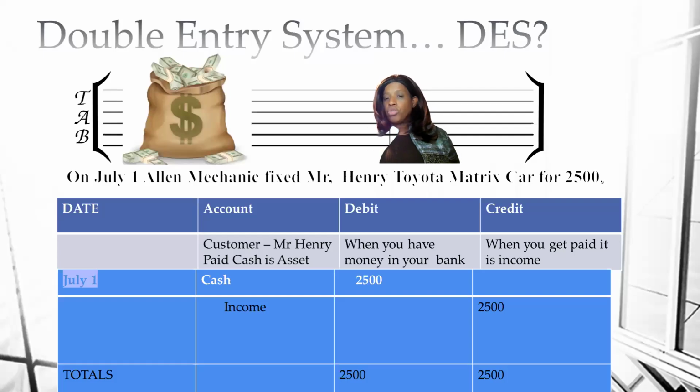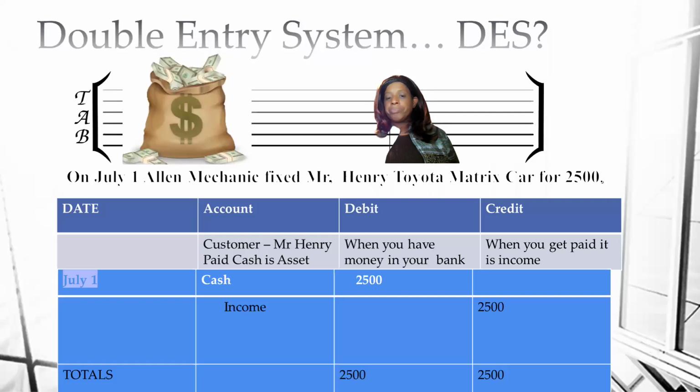But remember, you're doing accounting. So accounting means you account for this money twice, or you put down the money twice. So what do you call the other account? Income. He has made some income. So you record it as cash, or you put it in the bank account. And when you get paid, you put it as income.